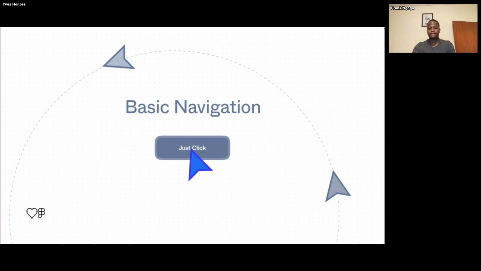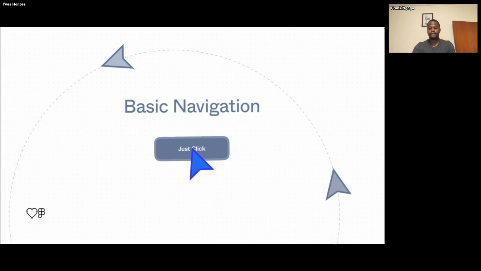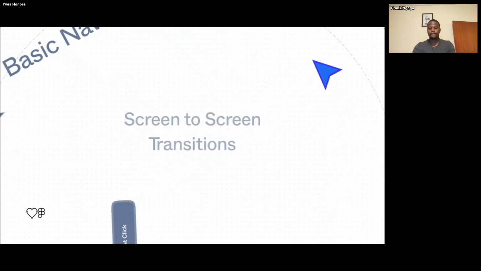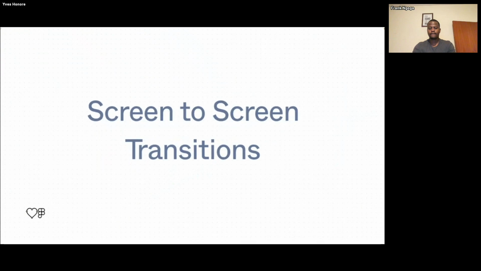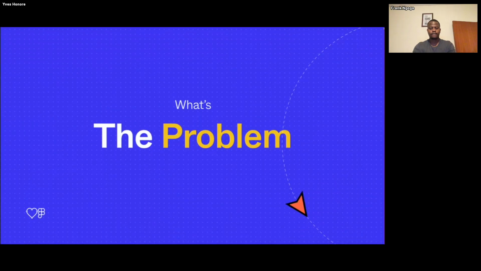And if we are generous enough, we also offer some animated screen to screen transitions, which I don't think is enough, because there are some problems with this. And this is what we are also going to see.